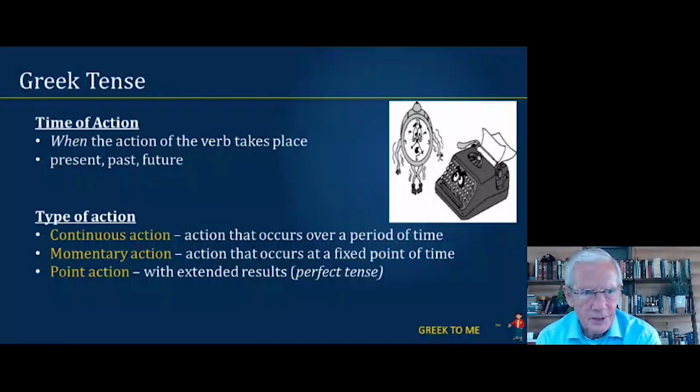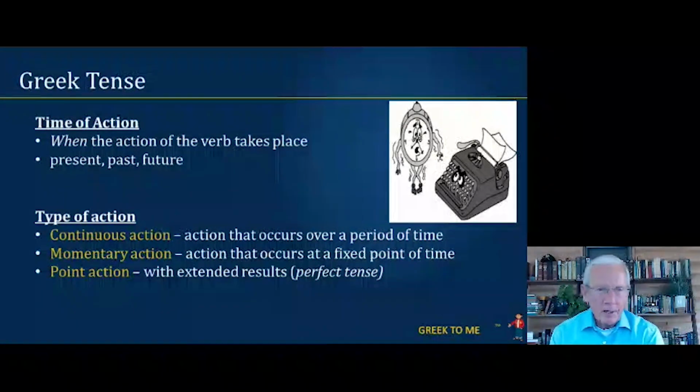So tense equals time and type of action. Now, in terms of type of action, we can have continuous action that occurs over a period of time, or we can have momentary action that occurs at a fixed point in time. Like John baptized Jesus, that refers to an event, point action.